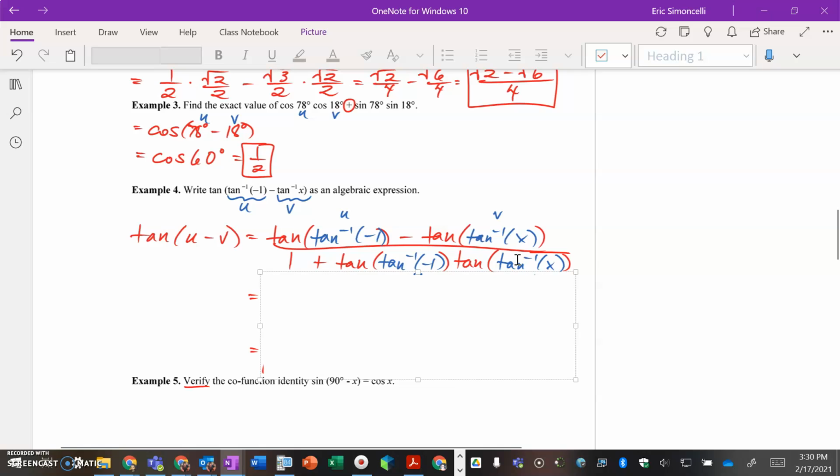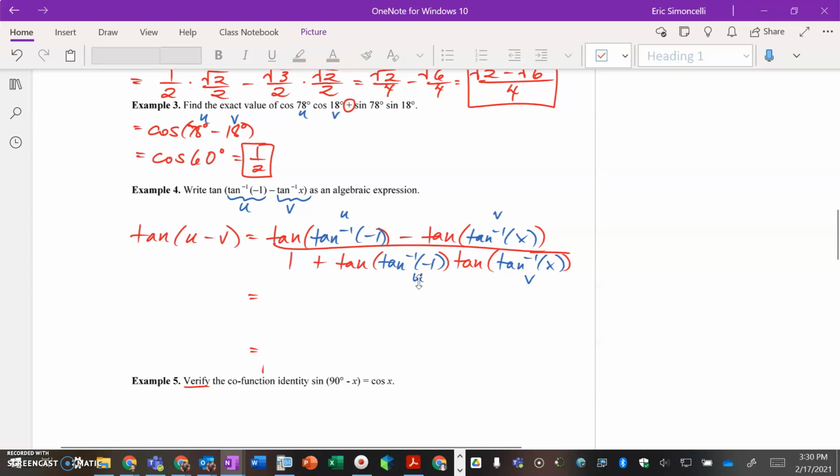Now one thing I do want to highlight, particularly with inverses, but also the trig function of an inverse or vice versa, is that your properties of inverses will play into things. So it's similar to taking f of f inverse or f inverse of f when we did this last semester.